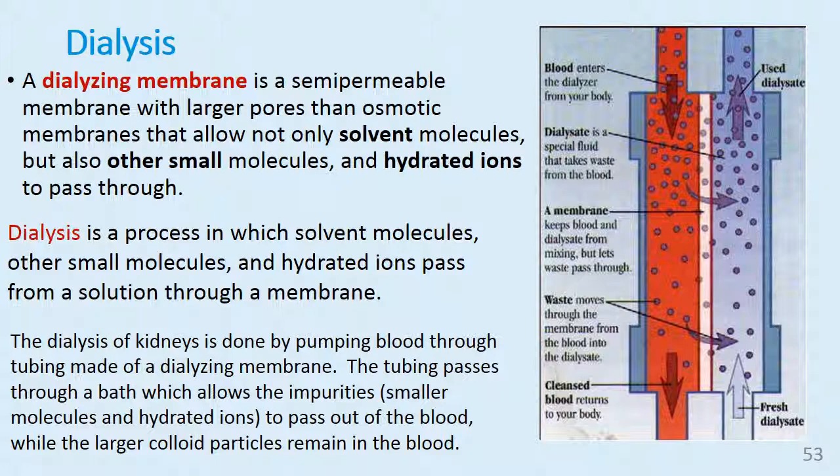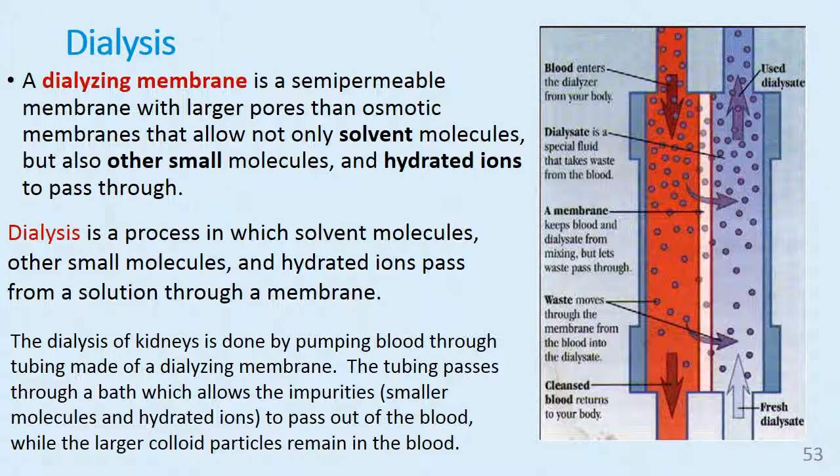You can see in this picture, the blood enters the dialysis machine. The fresh dialysate, the liquid, is empty of any waste, so it's much lower concentration. As the blood passes through, waste molecules and some water molecules will pass through the membrane into the dialysate, the less concentrated liquid.